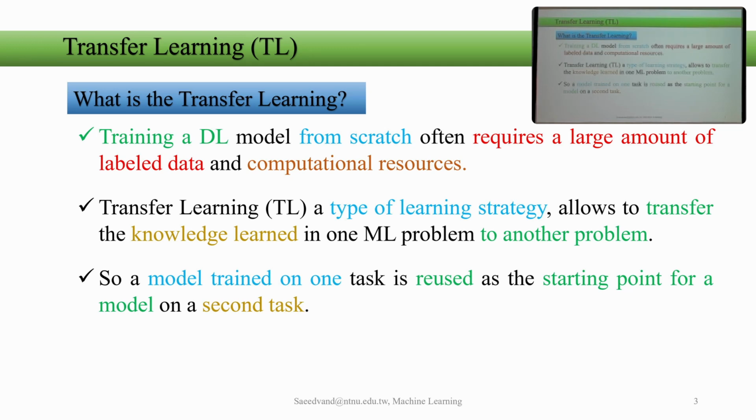It's similar, but we will see in detail how we can do that. Basically, a model can be trained on one task and reused on another as a starting point. Instead of learning from zero, we can set it as a starting point for our second task or new model.